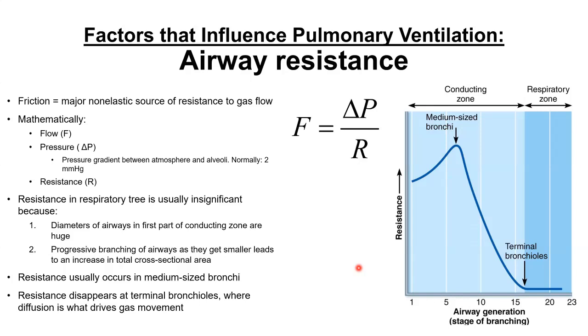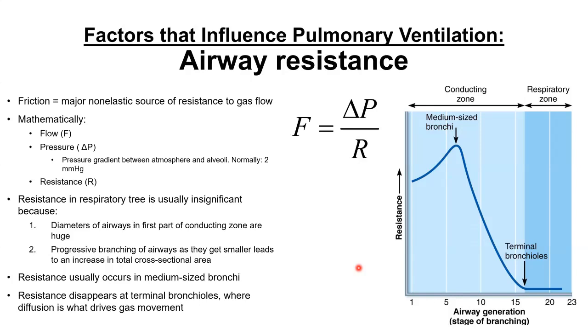Although resistance is present, it's not usually very significant. The reason is, first and foremost, the airways in the first part of the conducting zone are massive. Your trachea and your primary, secondary, and tertiary bronchi are all really massive structures, so there's not a whole lot of obstruction to airflow.